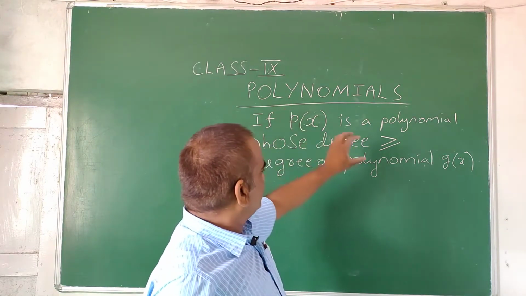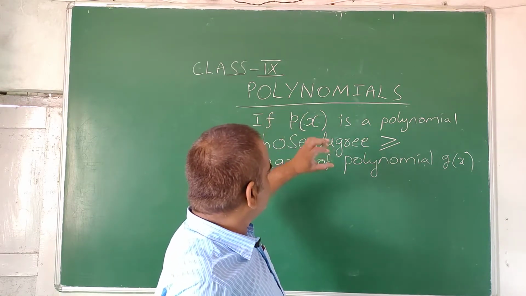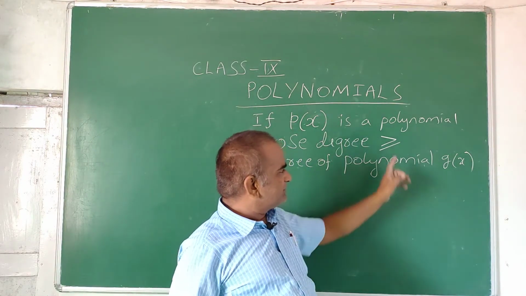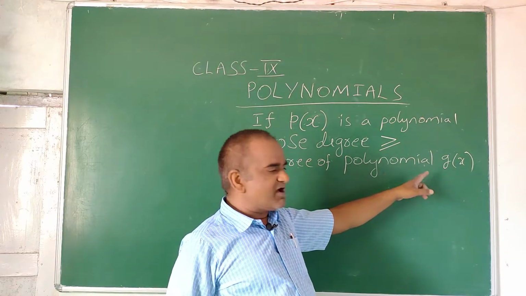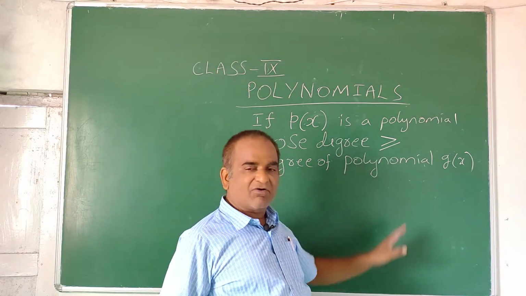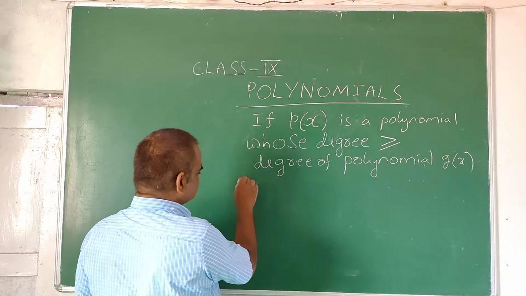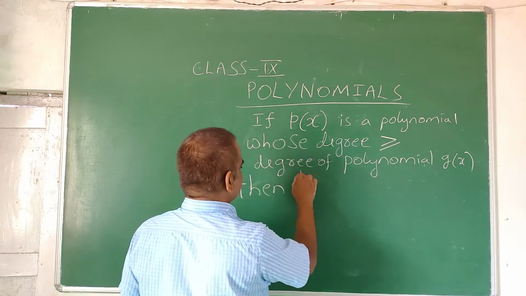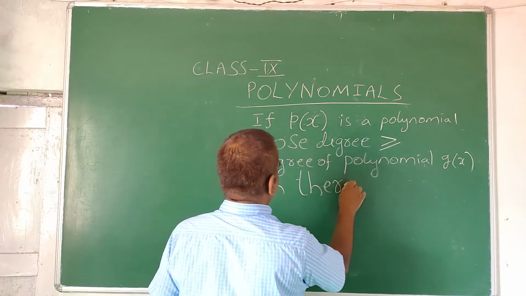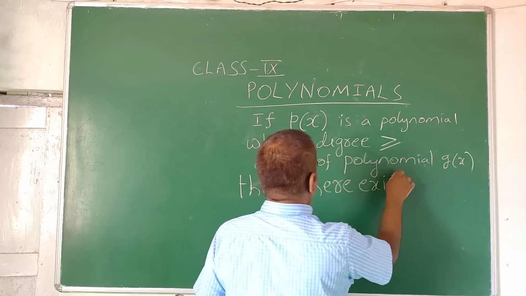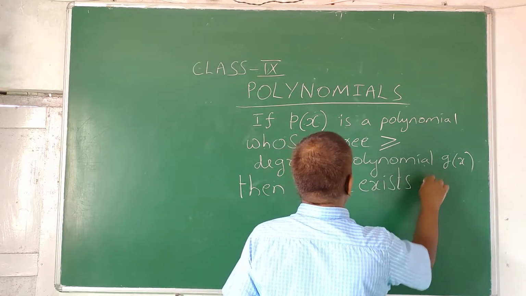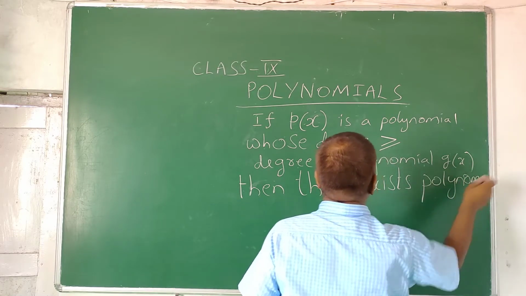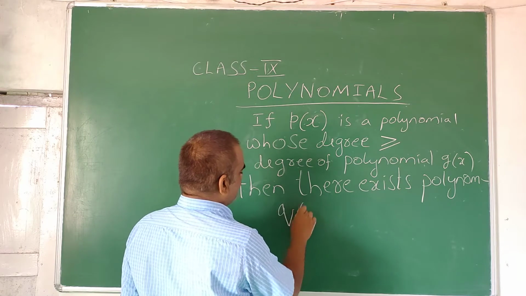Now here there are polynomials p of x and g of x, where the degree of polynomial p of x is more than the degree of the polynomial g of x, or at least both degrees are equal. Then there exist polynomials q of x and r of x.